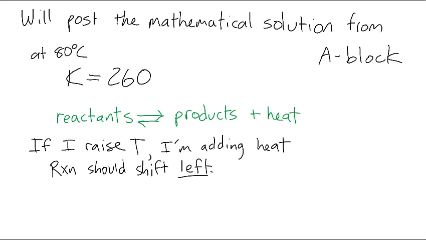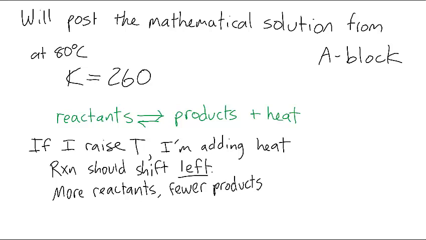And if the reaction shifts to the left, I should get more reactants, fewer products. And if I have more reactants and fewer products, K, which is products over reactants, K should go in what direction? K should go down.